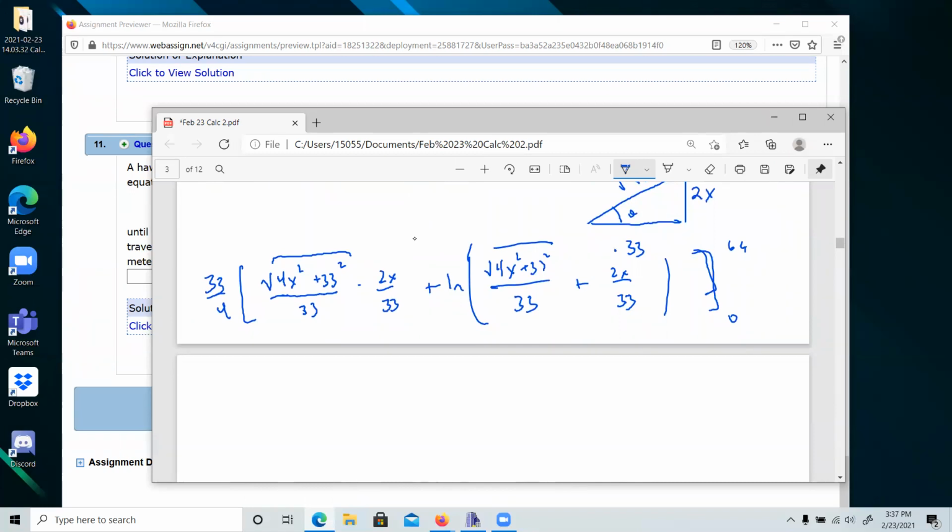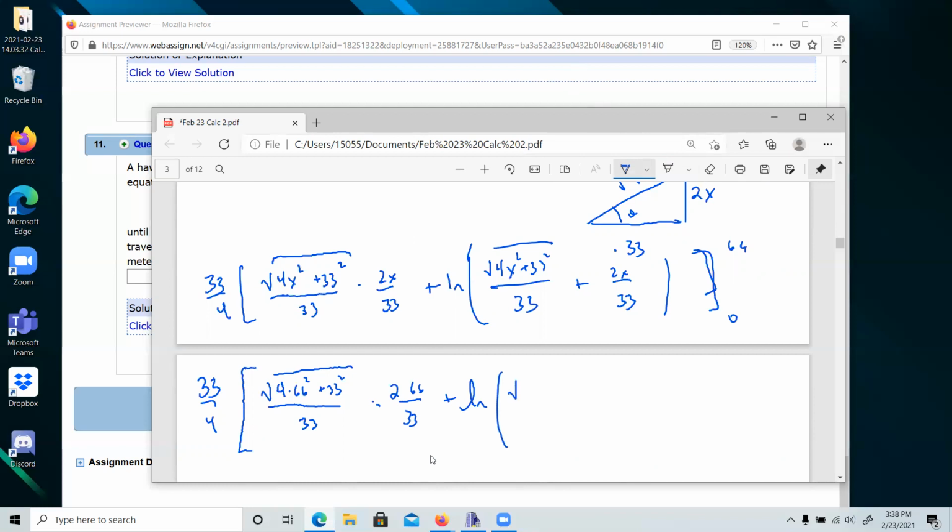So we have 33 over 4 times this huge mess. So this is going to be the square root of 4 times 66 squared plus 33 squared all over 33 times 2 times 66 all over 33, plus the natural log of what we have here.